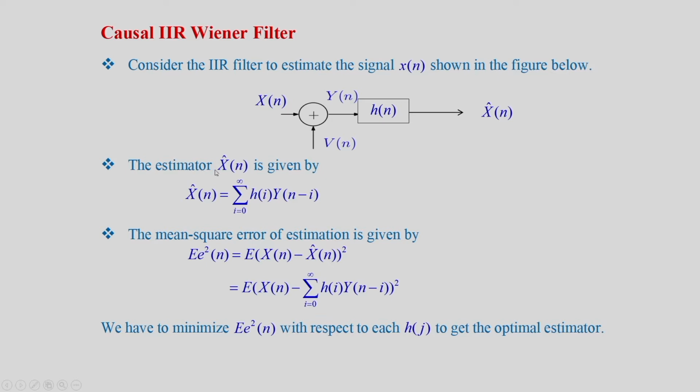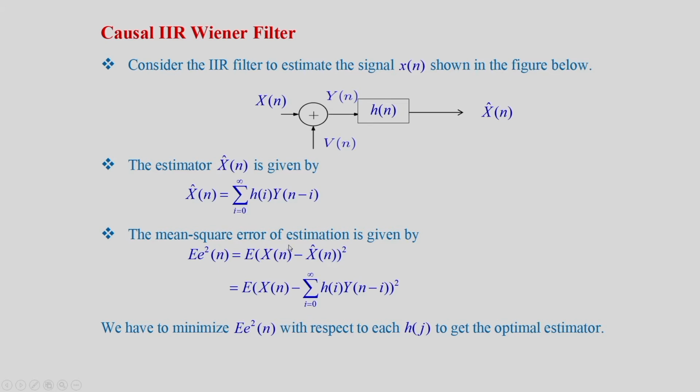The estimator x hat n is given by x hat n is equal to summation h_i y of n minus i, i going from 0 to infinity, because h_i's are non-zero for i greater than or equal to 0.